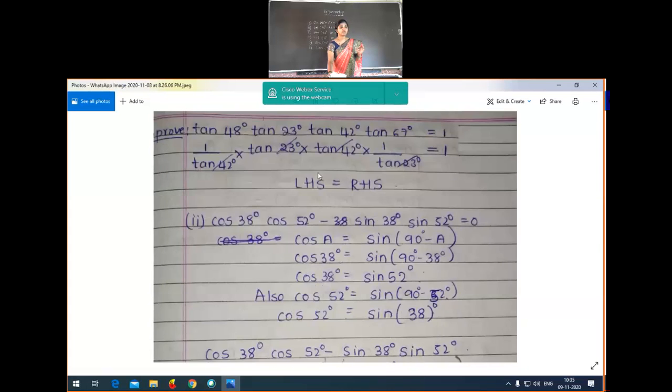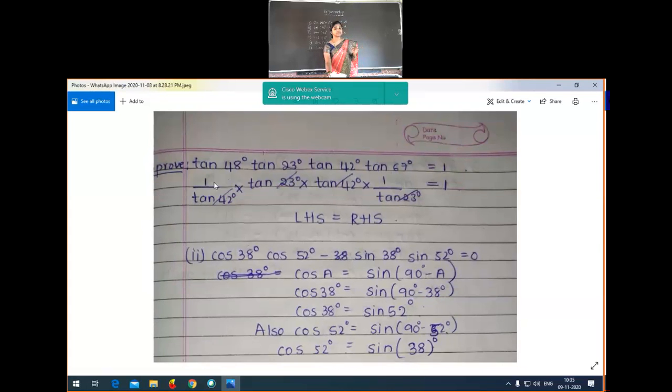Here we have to substitute tan 48 as 1 by tan 42, tan 23 as it is, tan 42 as it is, and tan 67 we have to write as 1 by tan 23. Now this tan 23 gets cancelled. Tan 42 gets cancelled. Now 1 into 1 which is equal to 1. LHS is equal to RHS.